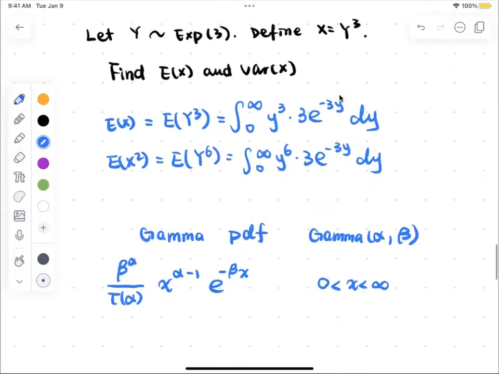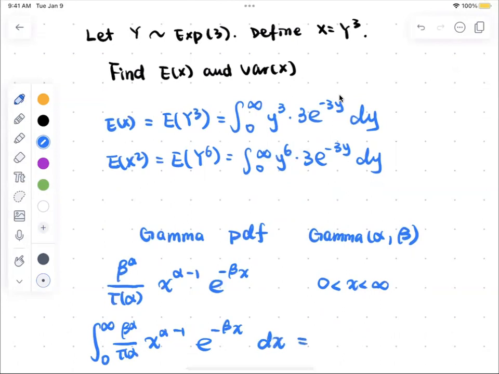So if you recall, if we integrate any PDF over its support, we get 1. So what I'm going to do here is integrate the gamma PDF over its support. So I will be integrating from 0 to infinity.